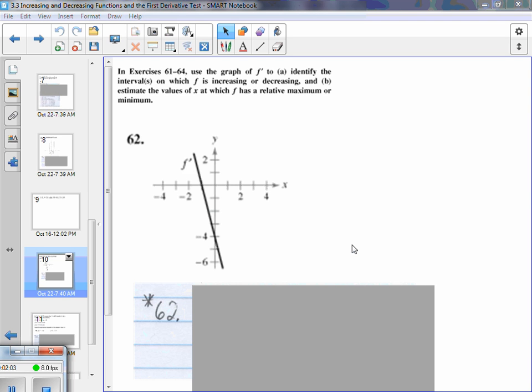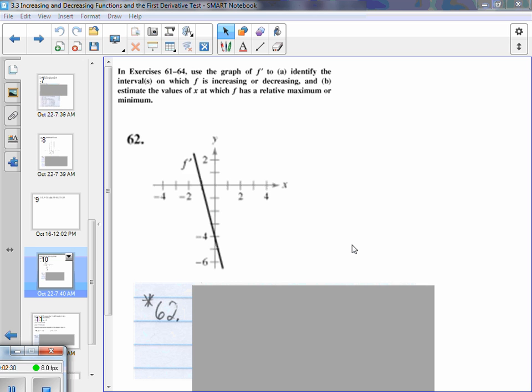It's always either increasing or it's always decreasing, one of the two. So that's why when we're doing the first derivative test to find extrema, we find the critical numbers. Then we find whether or not the derivative's positive or negative in between those critical numbers. That tells us where our extrema occur.